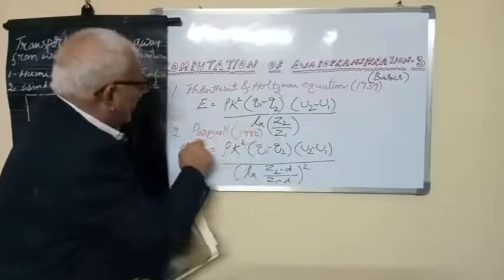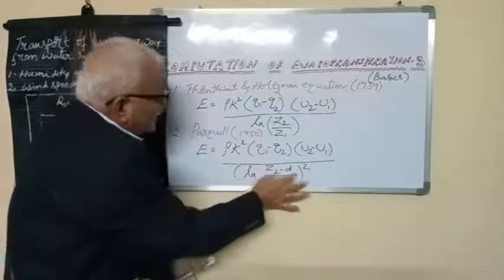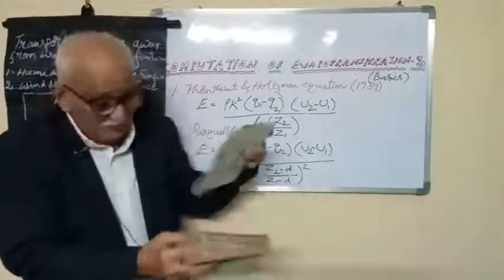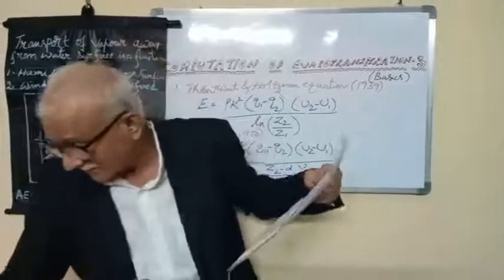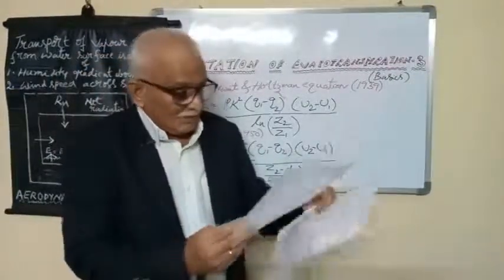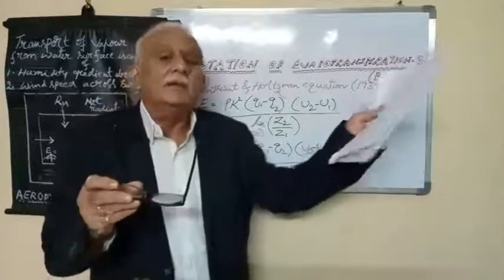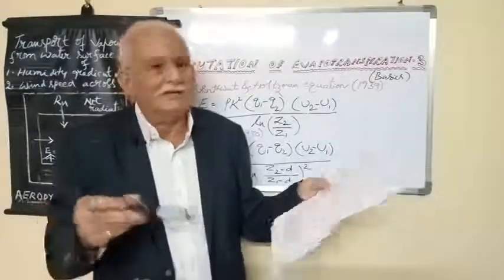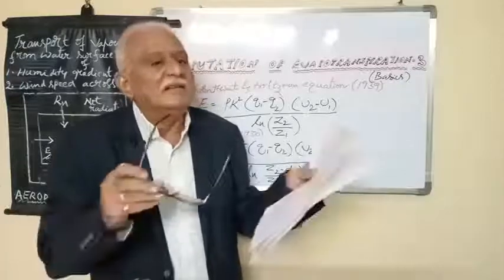He had modified it. Who? Pascal modified it in 1950, after 11 years. He just took the zero plane displacement, same equation. So what are Q1, Q2, U1, U2? Please note that aerodynamics for aviation, aerodynamics for agriculture, aerodynamics for instrumentation, everything is the same.